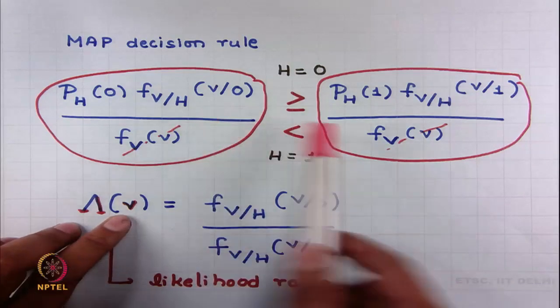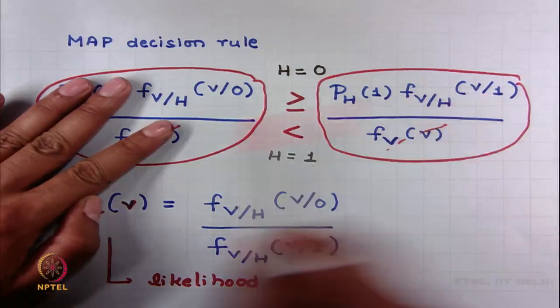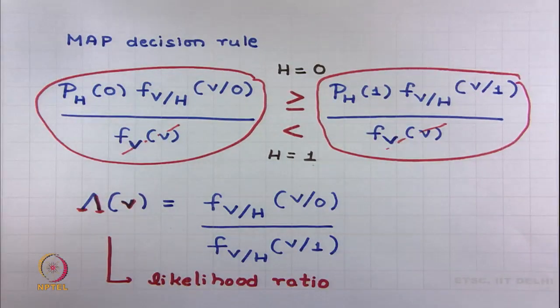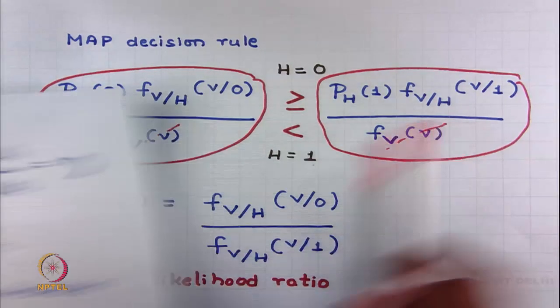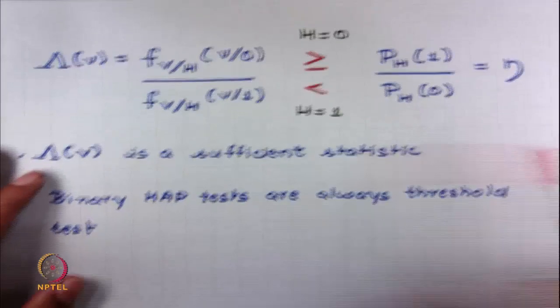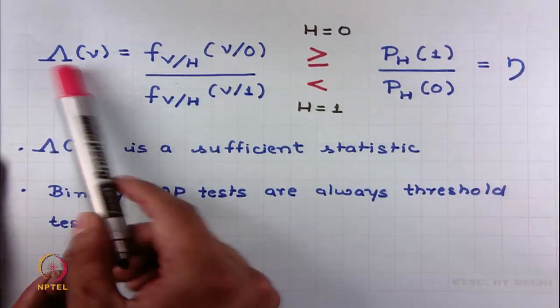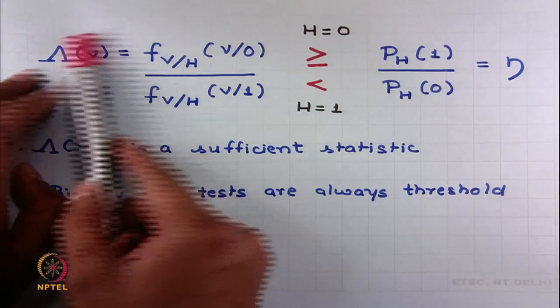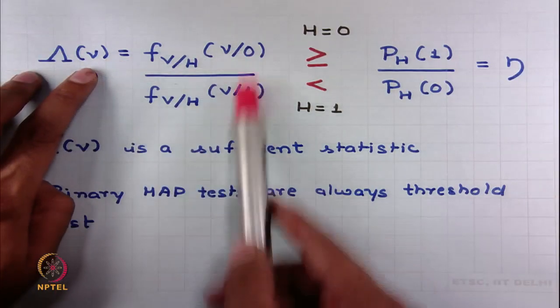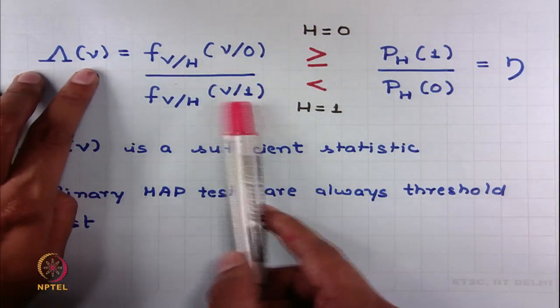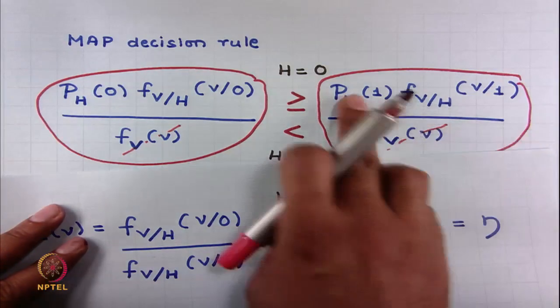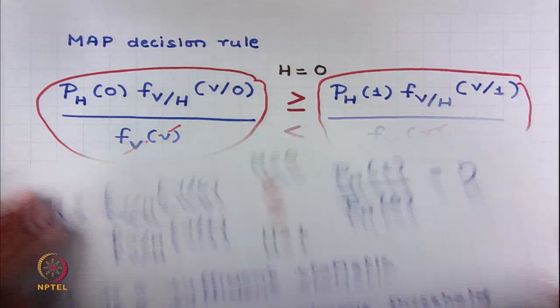And then I can simply bring this to this side and priors to this side, and this MAP rule can be converted into a rule like this. So, this simply says that first you find out the likelihood ratio, which is this thing by this thing. I am just pulling this to this side and P(H1) is here.